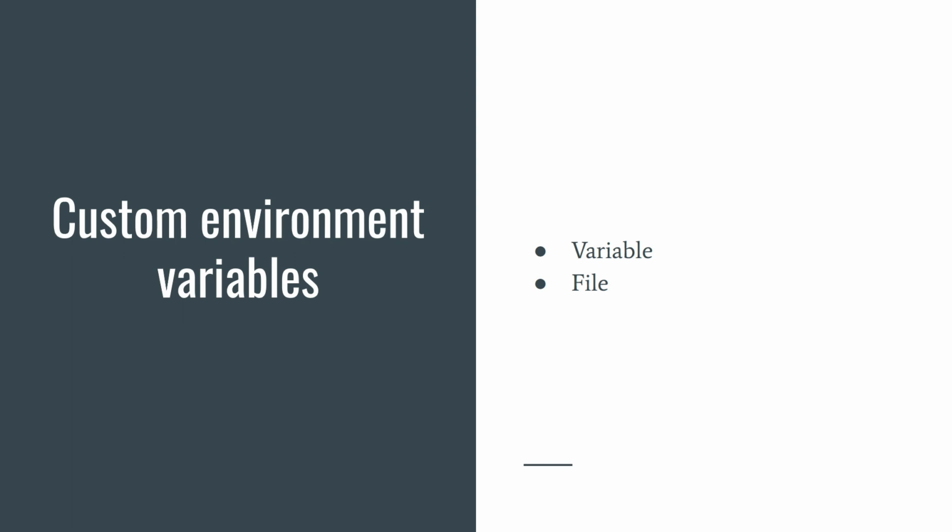In file, the runner creates an environment variable that uses the key for the name. For the value, the runner writes the variable value to a temporary file and uses this path. So variable behaves as a normal environment variable and file behaves as a file.